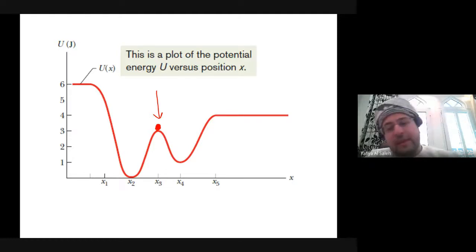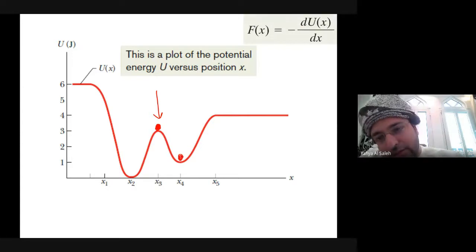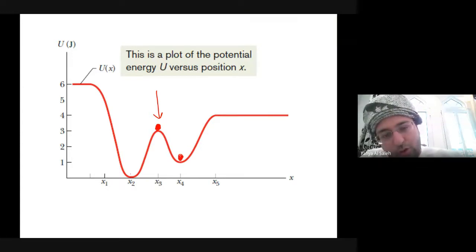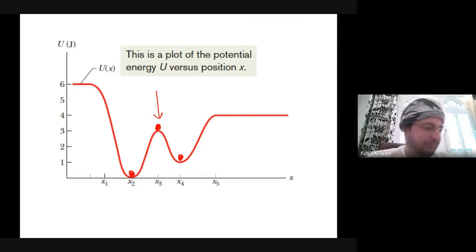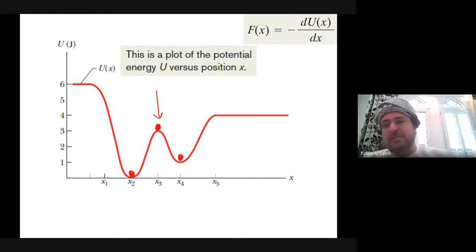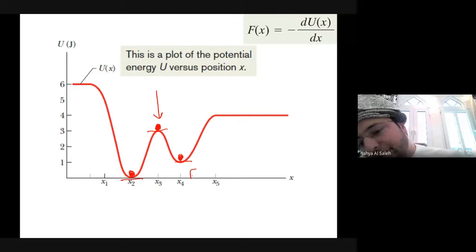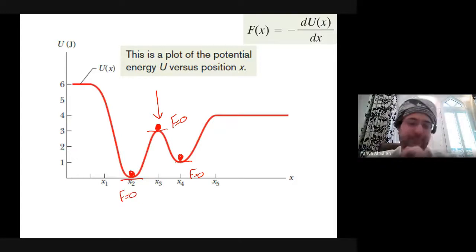Okay, so if I have a ball here, or here, since my force is minus du by dx and the slope here is all 0, my force here will be equal to 0, here equal to 0, and here equal to 0.